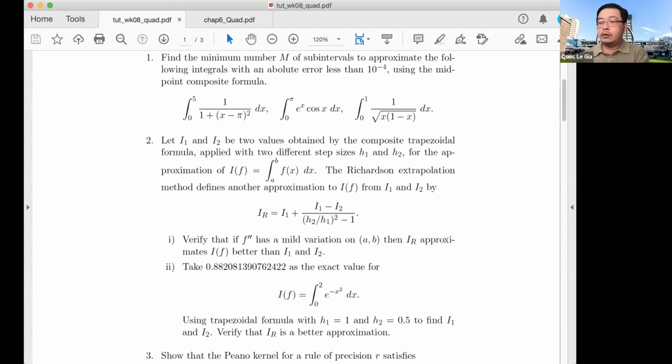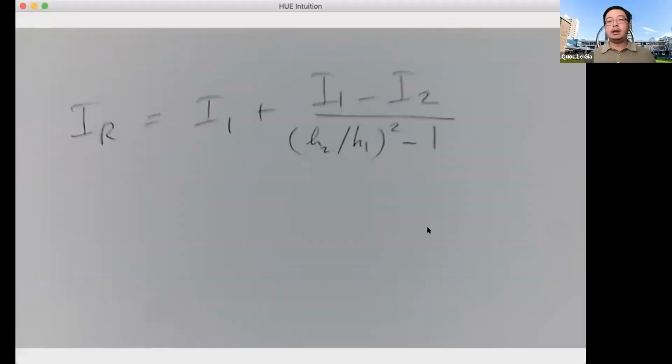Suppose I copy down I_R is I1 plus (I1 minus I2) over ((h2 over h1) squared minus 1). This is the one in the question.